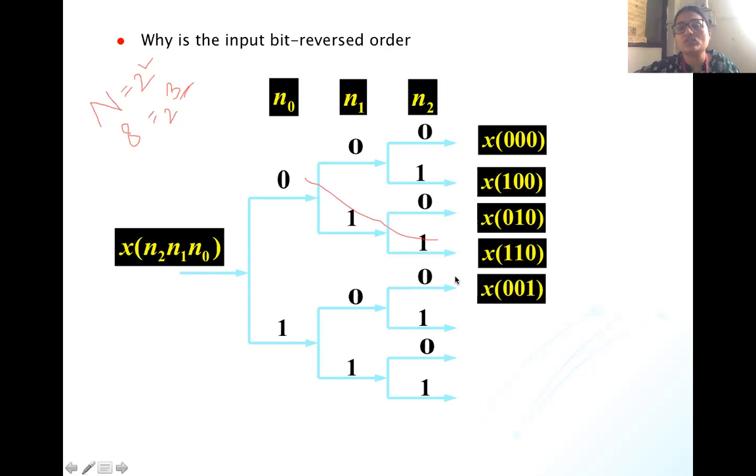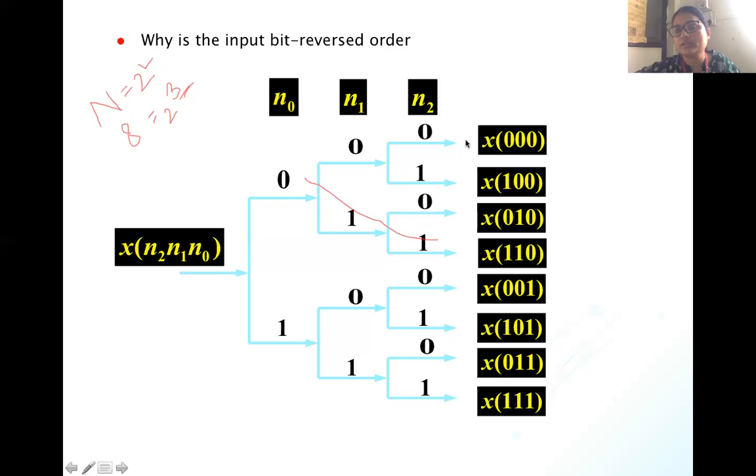Next value is 0 0 1. The further value that you will get here is 1 0 1. Then next is 0 1 1. And finally all 1s. So in this way the sequence is now changing because of the division at each stage. Are you clear with this?